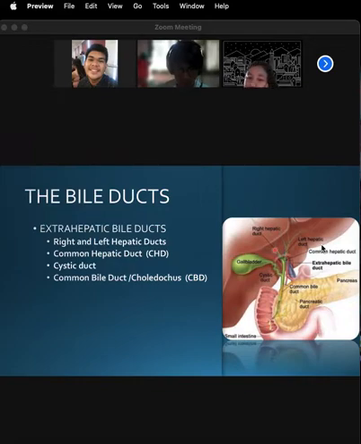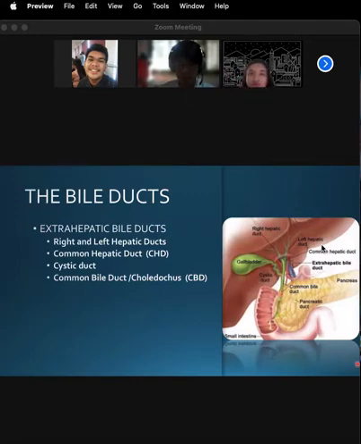Your right and left hepatic ducts converge to form the common hepatic duct, which is about 1 to 4 centimeters long and about 4 millimeters in diameter. The common hepatic duct is usually located anterior to the portal vein and right of the hepatic artery. Then the common hepatic duct and the cystic duct converge to form the common bile duct.